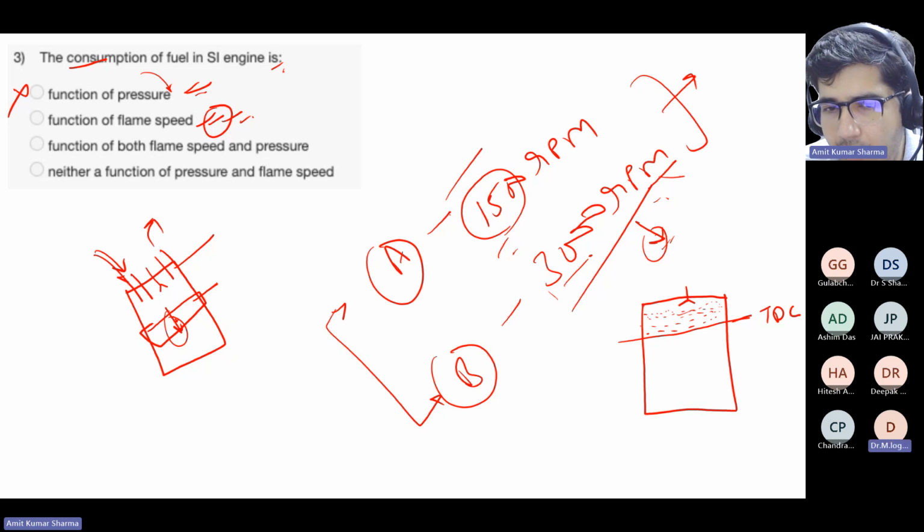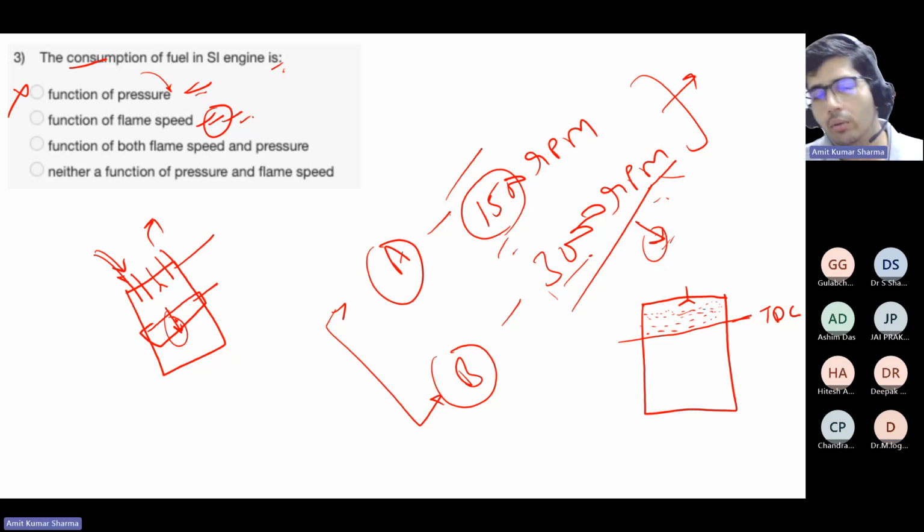Once it reaches here and again comes down, what will happen? Your exhaust port will open, or your inlet port will open? What happens? Low pressure. The exhaust port opens after combustion, exhausts and makes low pressure.